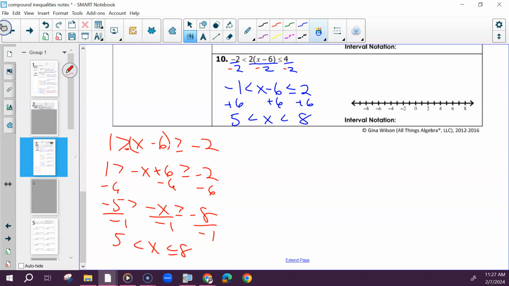So that was probably a bad example, because we ended up flipping it twice. But in a case where you wouldn't flip it twice and only flip it once, if this had just been x instead of x minus 6, we wouldn't have had to leave the negative outside. But then at the end, you would have flipped the whole thing. So if this was like 5 on this side, 8 on this side, we would have flipped the whole thing. But I made a problem and that didn't work.